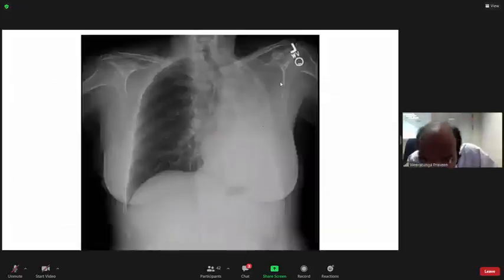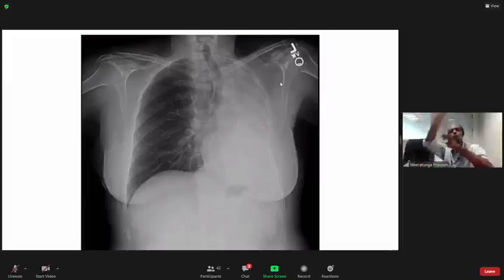Again, I think I showed this very X-ray to you, right? I told you that for whiteout of a side, there are several differential diagnoses. Could be a massive pleural effusion. It could be a collapse of the lung. It could be a pneumonectomy. And I told you, how would you recognize a pneumonectomy?